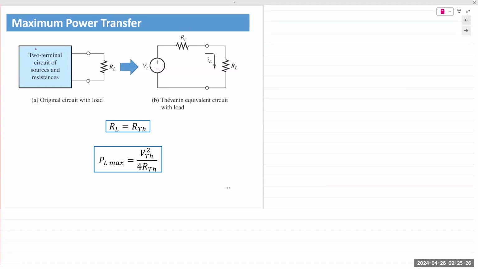Oftentimes in electronic devices and electronic circuits, you have a cascading connection of different circuits. One of the most common examples I like to use is audio video receivers.